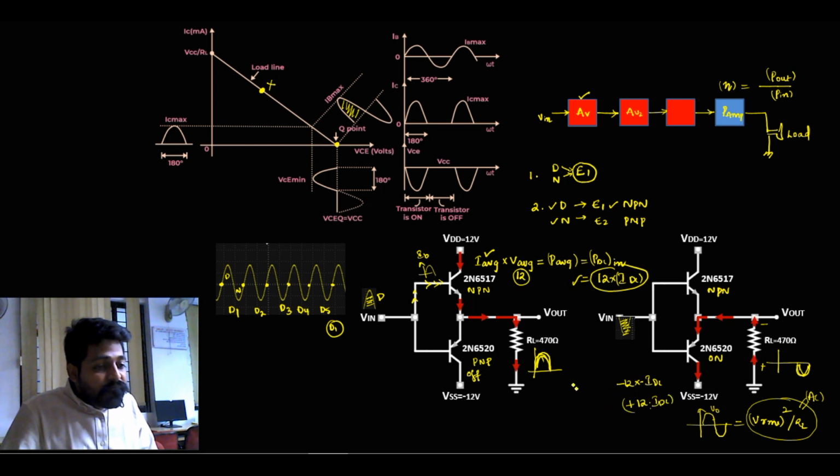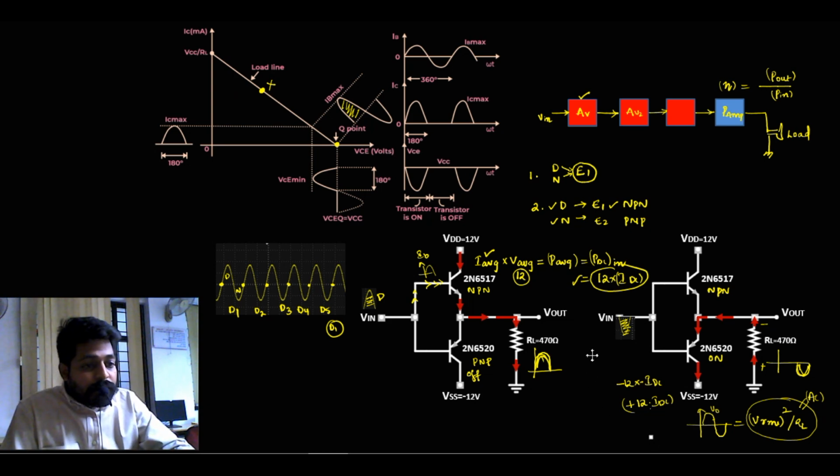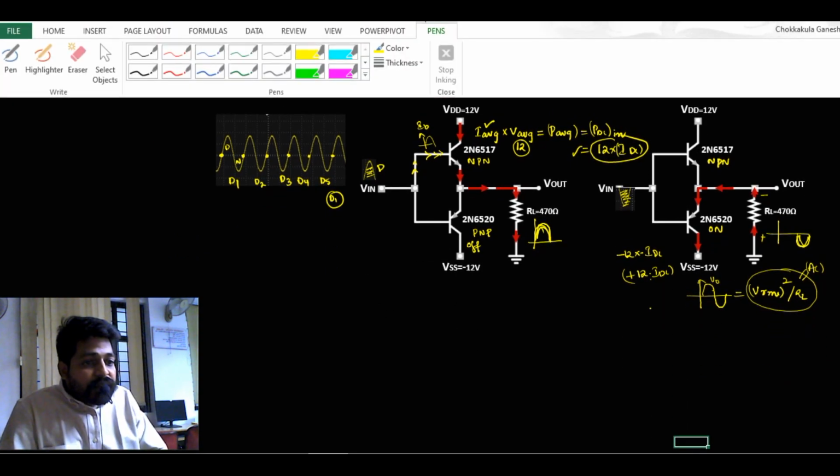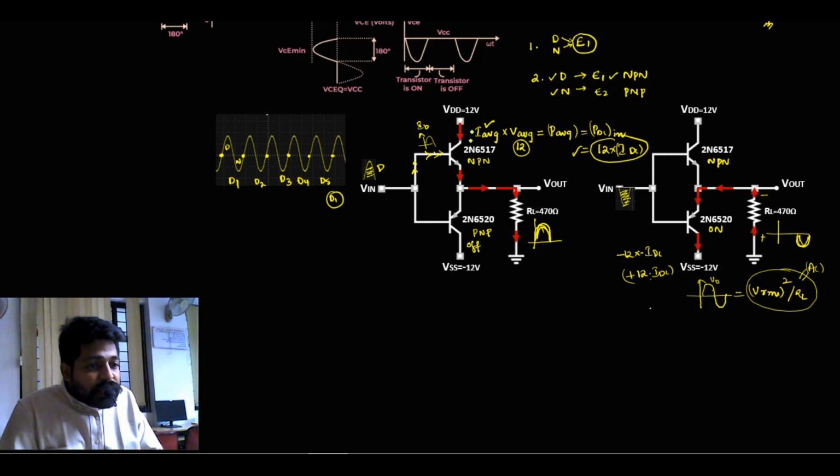So totally there will be power taken by the first transistor and the second transistor. The first transistor will take a power of around PDC input, which is nothing but 12 times IDC, right?